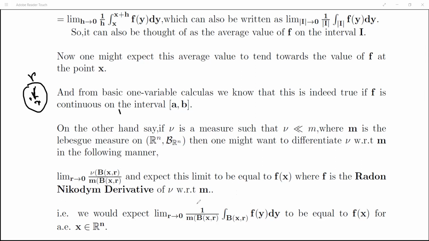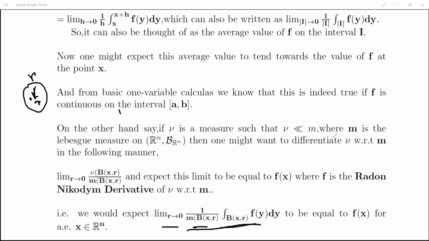So basically this is the limit you want to calculate: 1 over the measure of the ball times the integral of the function f, where f is basically your Radon-Nikodym derivative, and then you take the limit as r goes to 0. The best you can expect is that this will be exactly equal to f(x) for almost every x.